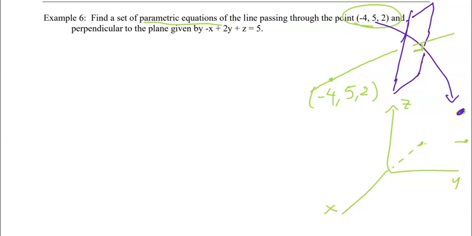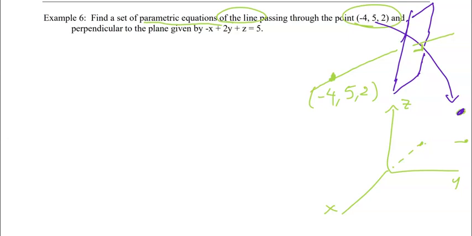So again, I need to find the equation of a line, and there's a point on the line. There is a point, and then there is a plane which is perpendicular to the line, right?